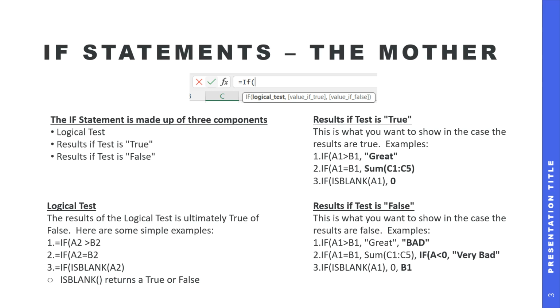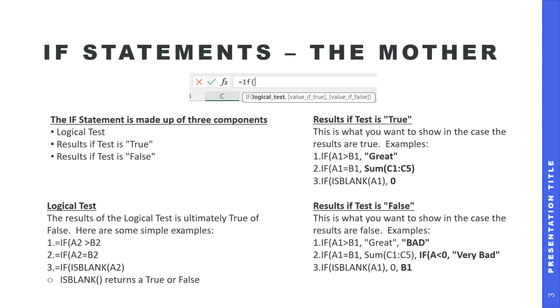It's a very powerful tool. And finally, if ISBLANK A1 is true, if it is blank, we put 0. But if it's not blank, if it has any value, it could be a number, a letter, a word, anything, then we want to put B1 in as that value.